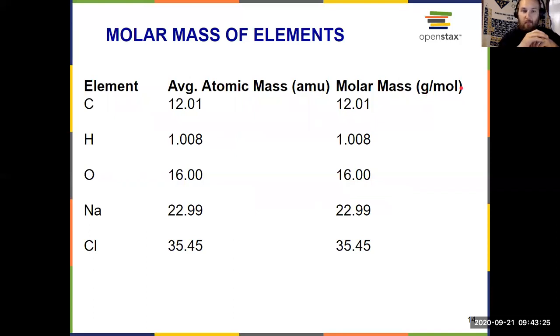And they have the same number, but remember that they are very different scales, right? 12 AMU, so it's 12 atomic mass units in 1 carbon atom. It's 12 grams, so that's something you can actually measure on a scale in the lab in exactly 1 mole of carbon. Okay.